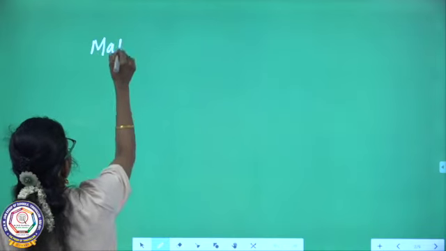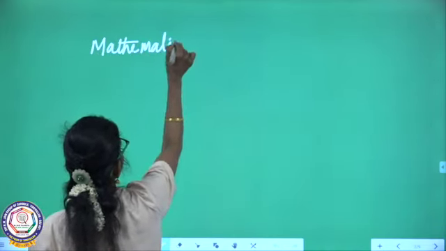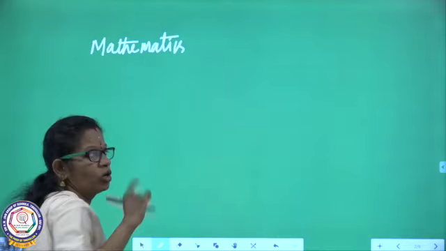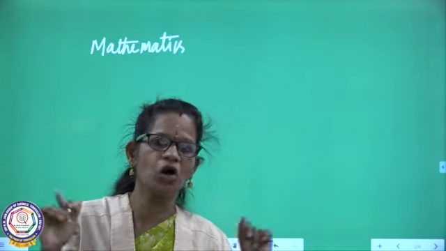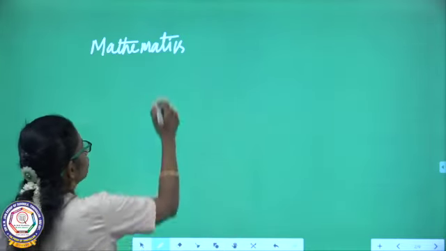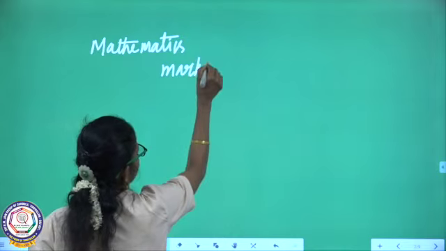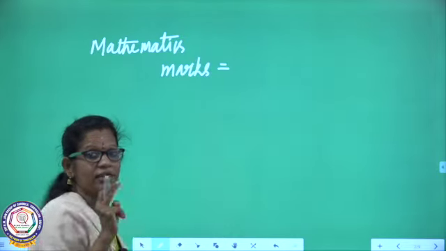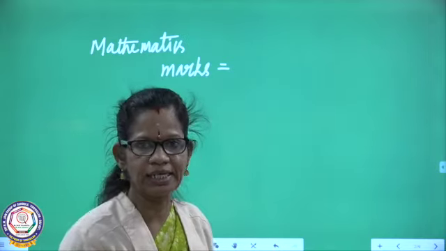Mathematics mark, you recall the statement, right? You register the statement in your mind, then only you can verify whether it is completed or not, right? Mathematics mark, we arrived as 30 minus x. 2 more marks is increased.